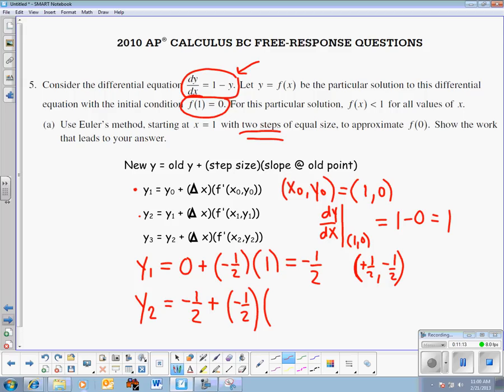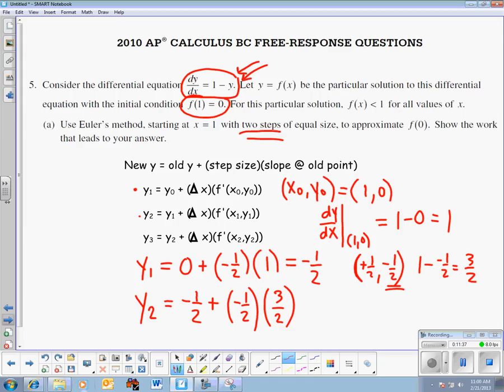So I need to find the slope there. If I take that point and I do 1 minus y, that's the only thing this depends on, I get my new value of the slope to be 1 minus negative 1/2, or 3/2. So that's the slope at my midpoint.